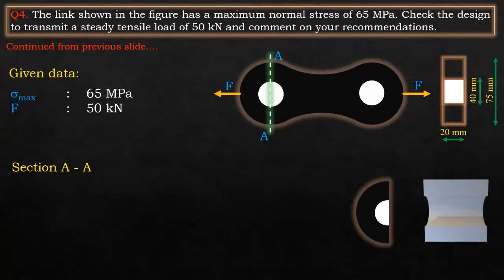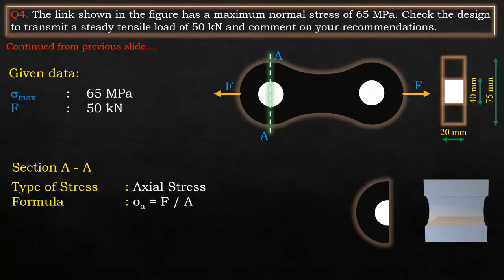Let us start solving at section AA. The section AA is subjected to axial stress. Since it is subjected to axial stress, the formula is sigma A equal to F by A. In this case, F is 50 kilonewtons and the area is given by the cross section, which gives 75 multiplied by thickness 20 minus 40 multiplied by thickness 20.